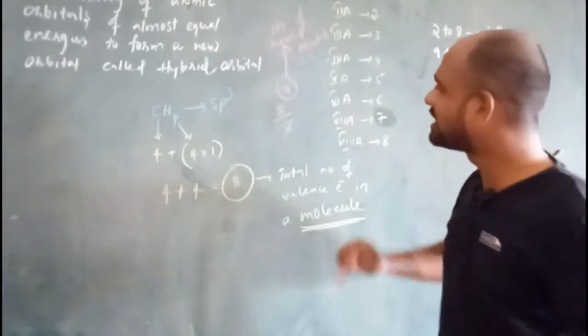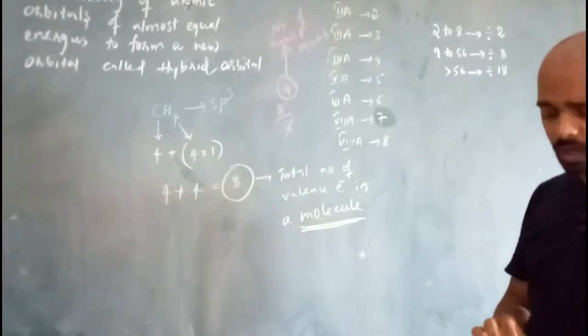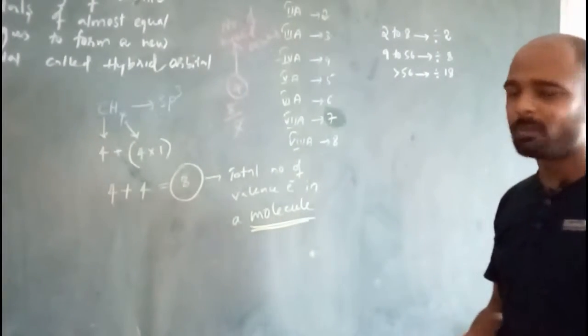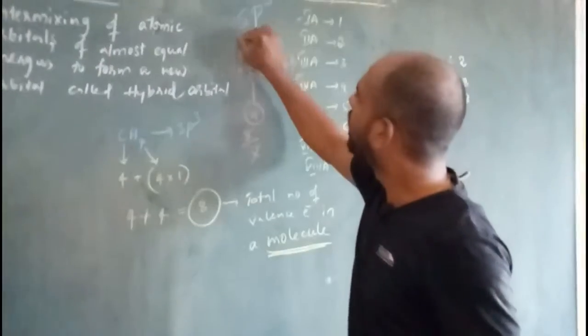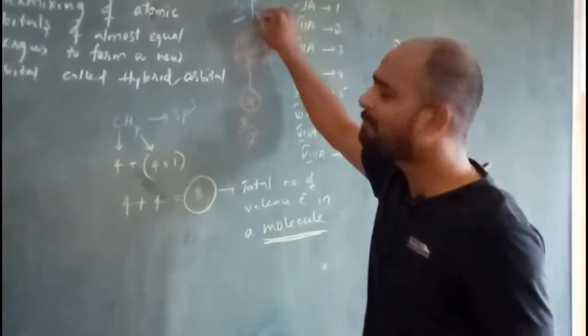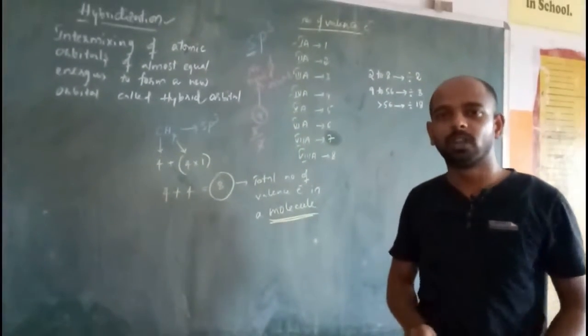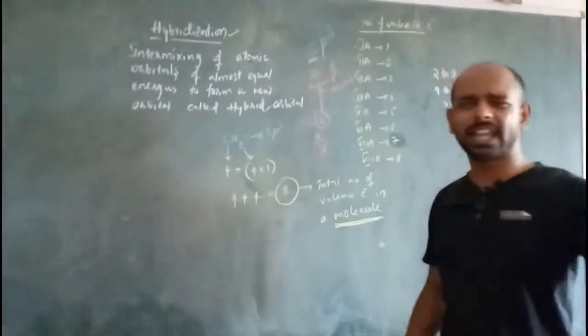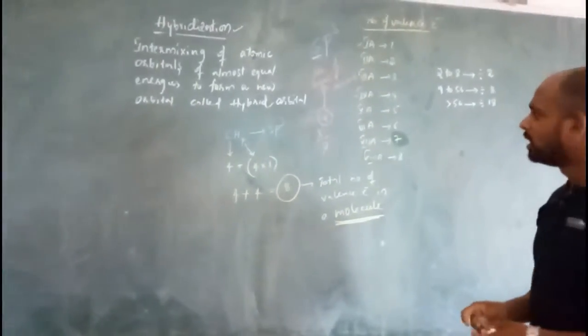So here the answer is 4. The only possibility of having 4 orbitals is sp3: 1s and 3p, 1 plus 3, 4. Similarly, you can consider any molecule or complex ion.